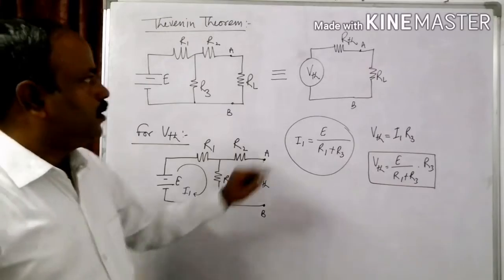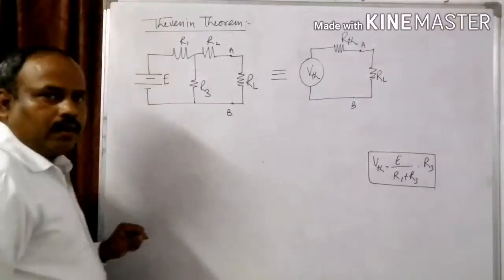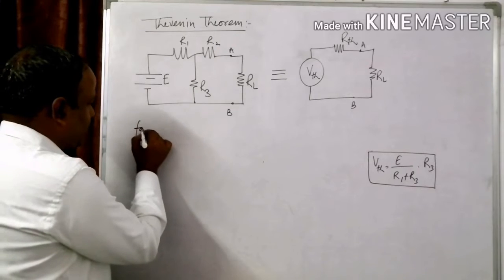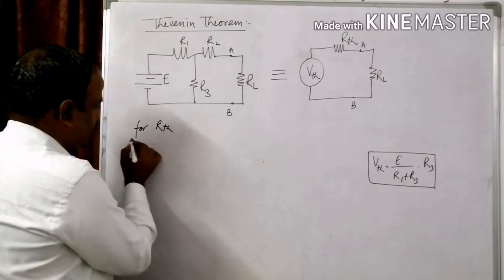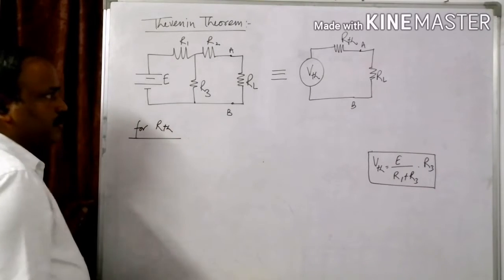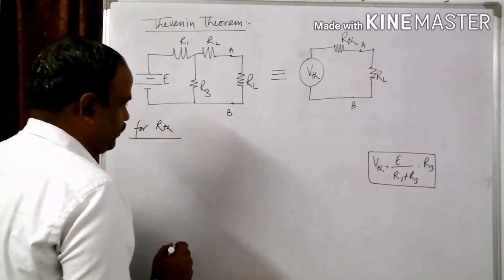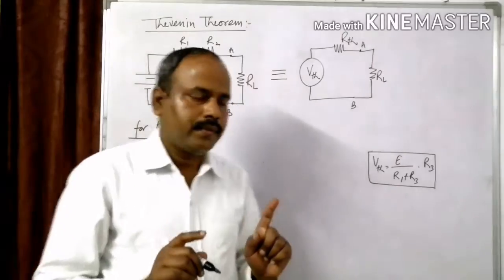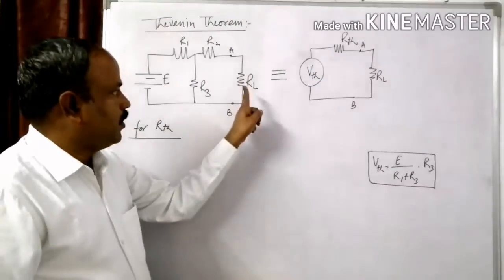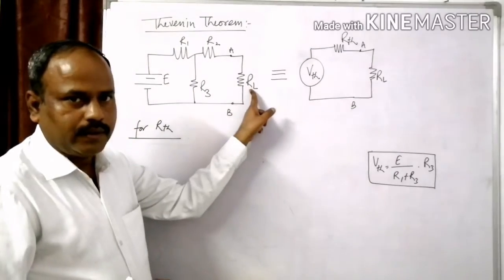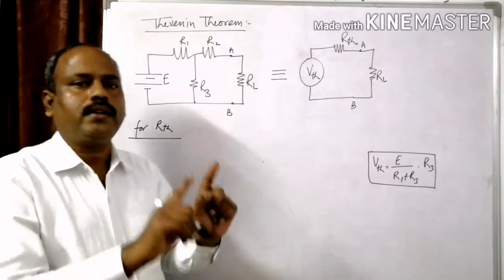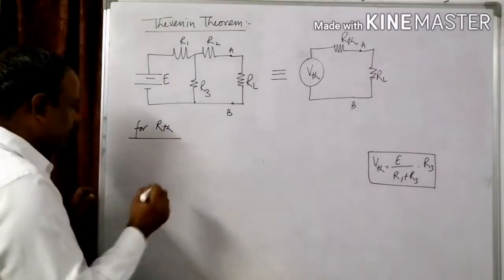Now the next one is RTH. For the value of RTH, follow the process of Thevenin theorem. I am repeating what the procedure is. First of all, remove the load resistor. All the voltage sources are short circuited and current sources are open circuited if they are ideal.